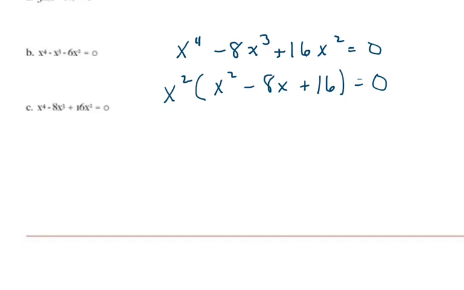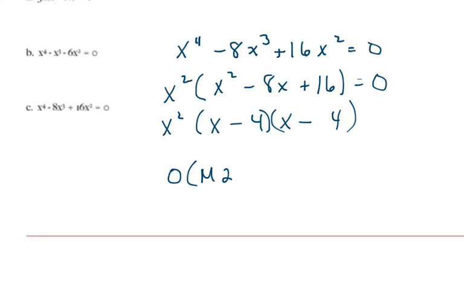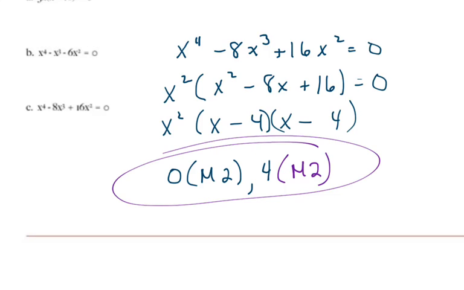I'm going to have to finish this later on, but I'm thinking I can factor it. Maybe I can get it all done. x and x, 4 and 4, negative, negative, 0, multiplicity of 2, 4, and 4. So I would put 4 multiplicity of 2 as well. Okay, again, I found all 4 answers.